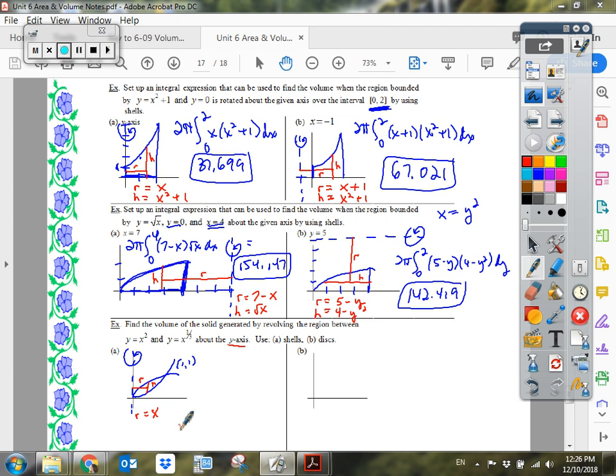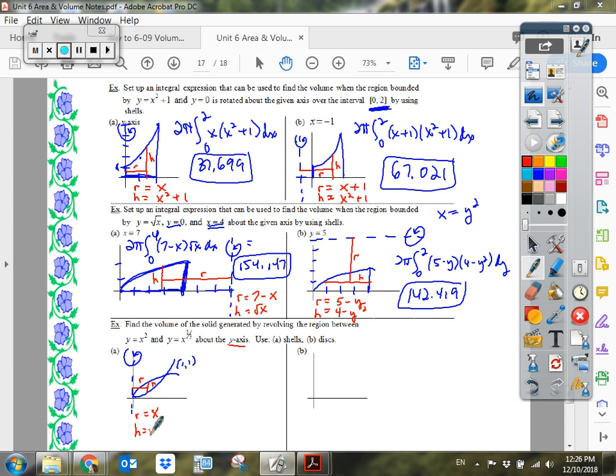I have some students who, if the figure is shifted off, think they need to change r. No, r is going to be x. It has to do with the axis of rotation, not the location of the figure.